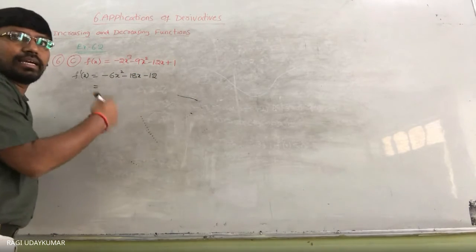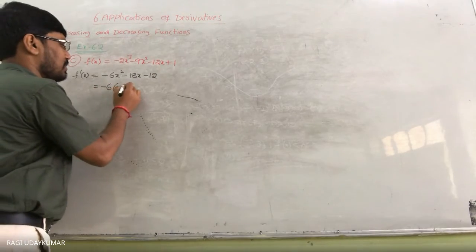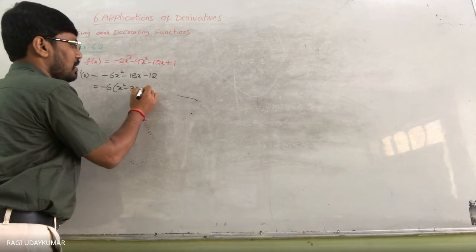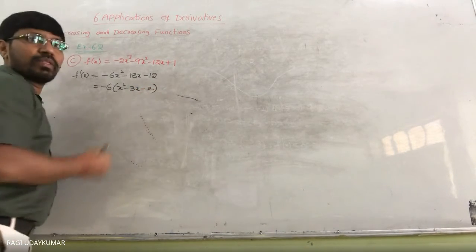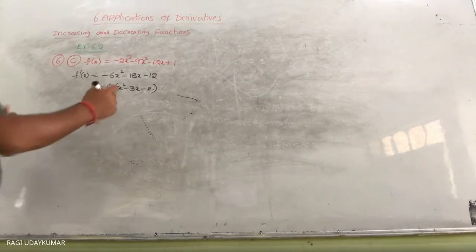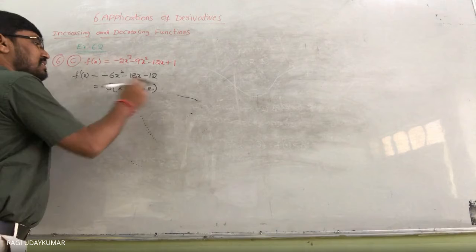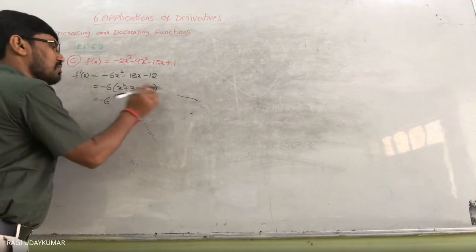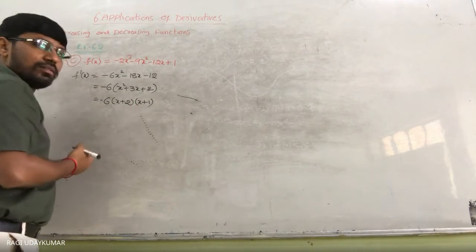And you can take minus 6 common, so x square plus 3x plus 2, because minus 6 is taken common. The factorization is x plus 2 into x plus 1.